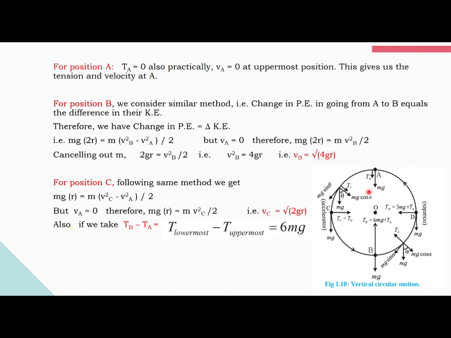T uppermost is mg. Here T uppermost is Ta and its weight is mg, so the direction is different. Then Ta gets cancelled and we are left with 6 mg.